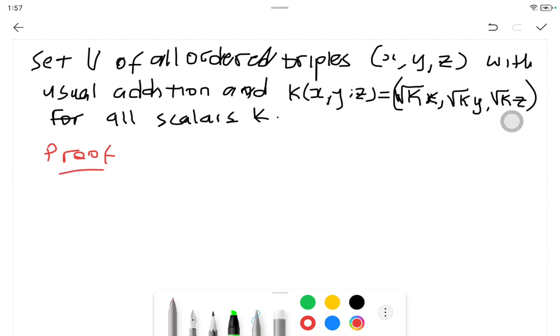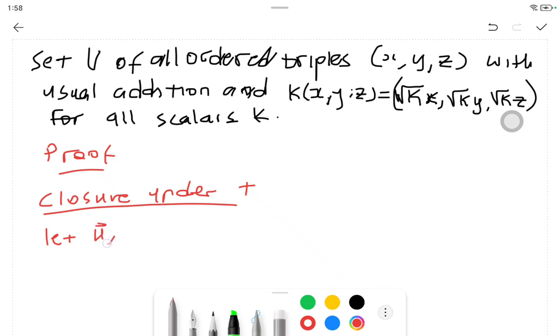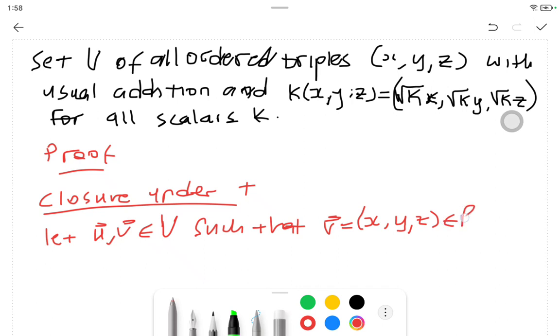For us to prove this, remember we need to check closure first. We're going to check closure under addition. Let u and v be elements of the set V, such that v equals x, y, z, which is an element of R cubed, and u equals a, b, c, which is an element of R cubed.